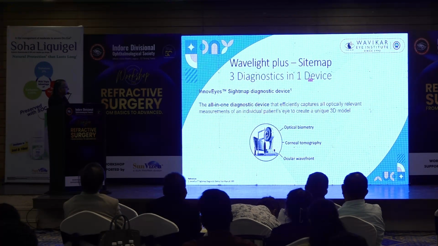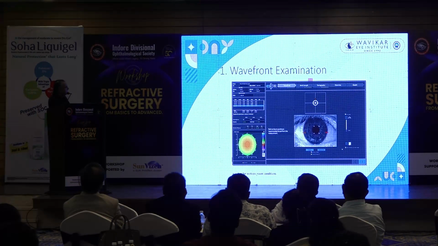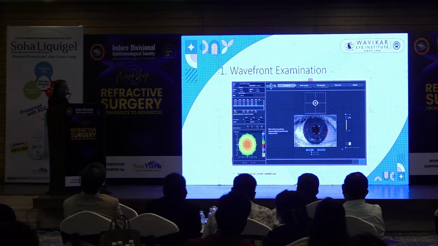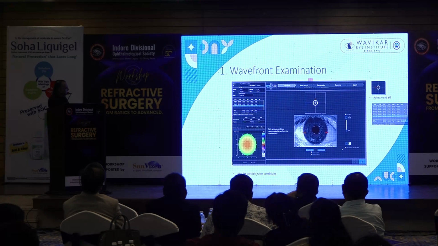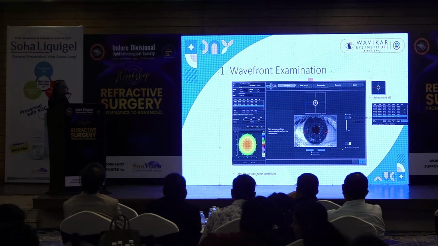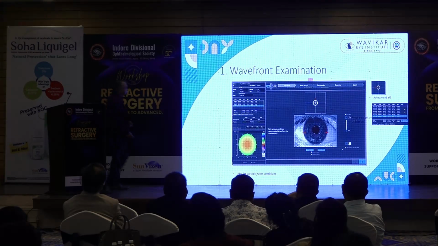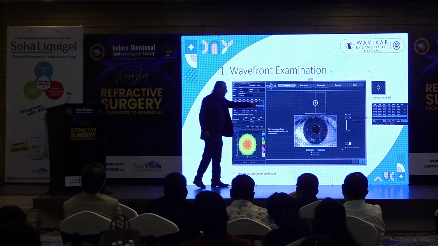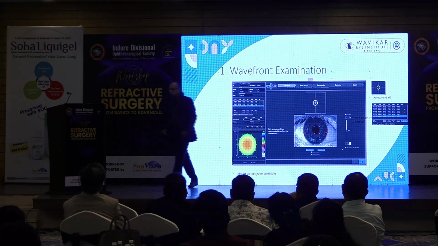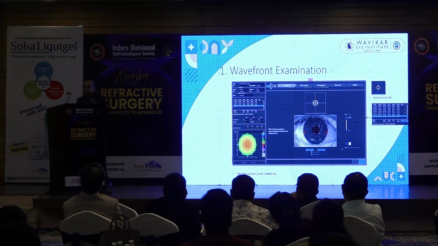As I already said, all these three things are available on the single machine, and this is the wavefront examination. We do it in scotopic condition, and now over here you will see that there are ticks. The reading has been selected by the machine.